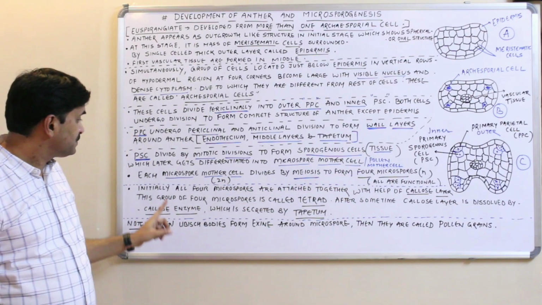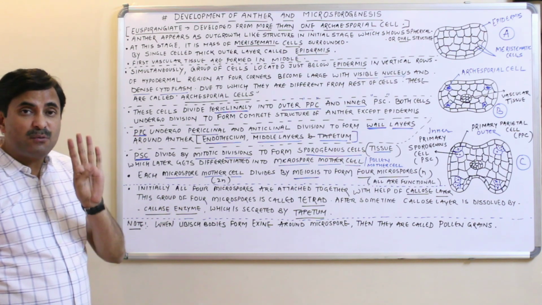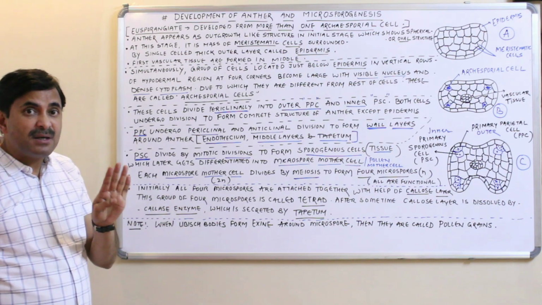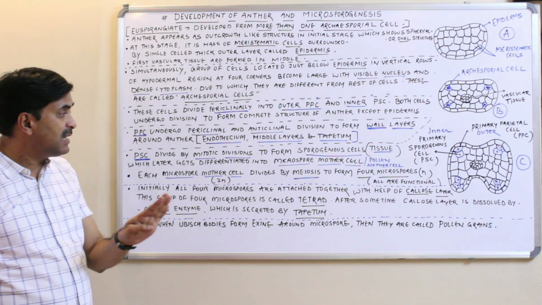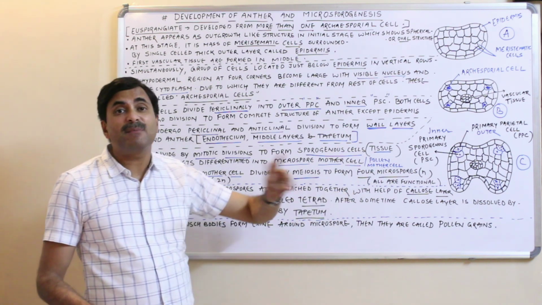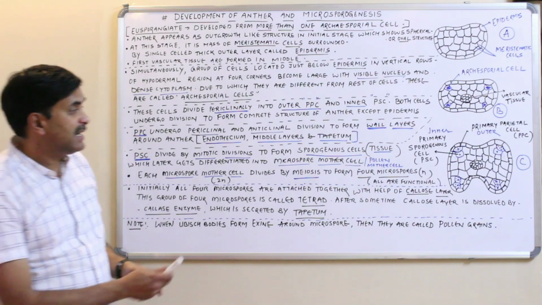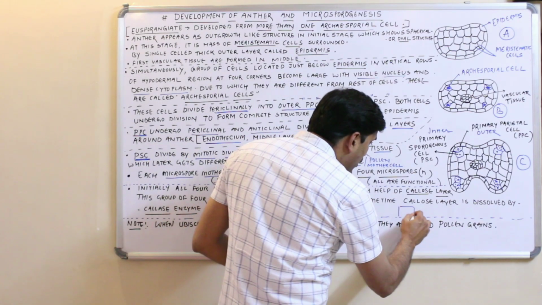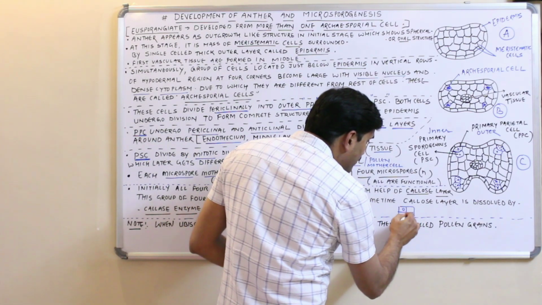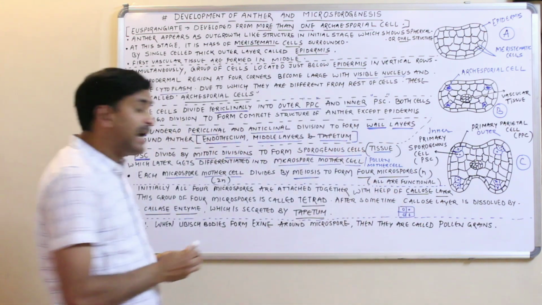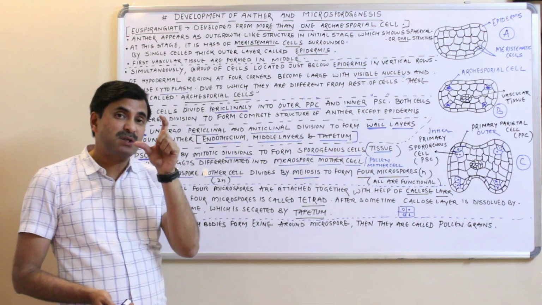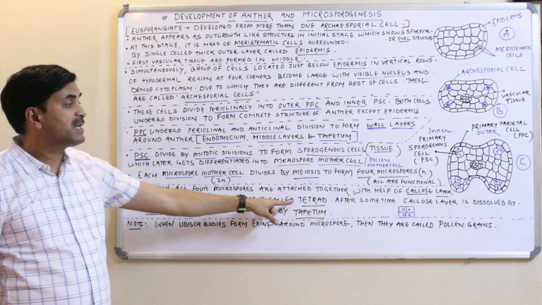And one more thing: initially the four microspores formed by the division of the microspore mother cell are attached together with the help of a callose layer. If four are formed, they are all attached together by the callose layer, and this group of four microspores is called a tetrad.